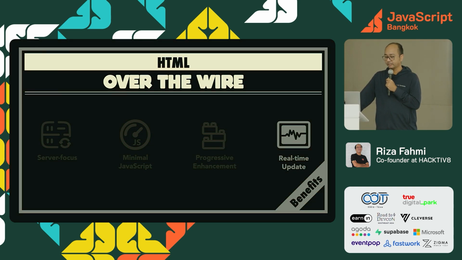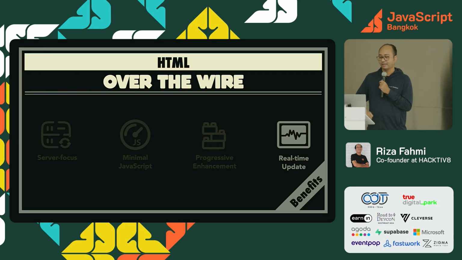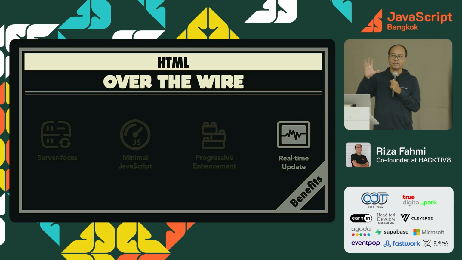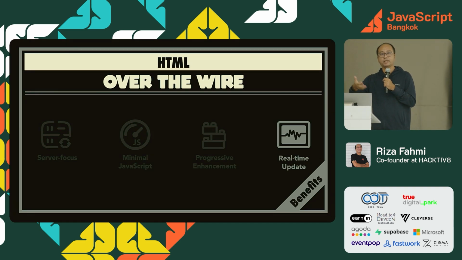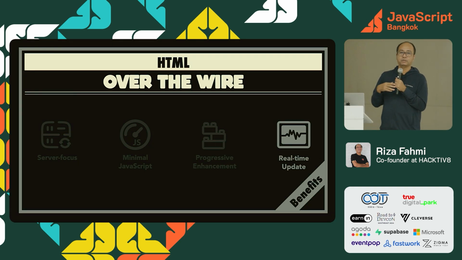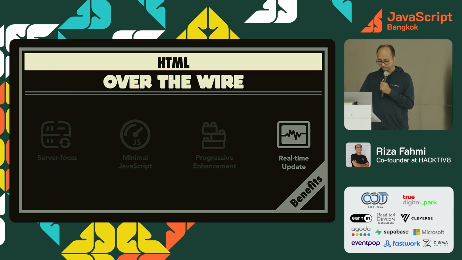So when data changes, the server will send the HTML through the wire, and the client will re-render the page if necessary, rather than sending the raw data to be processed on the client side. No need to transport data like I said before, REST API or GraphQL or gRPC or another transport layer.